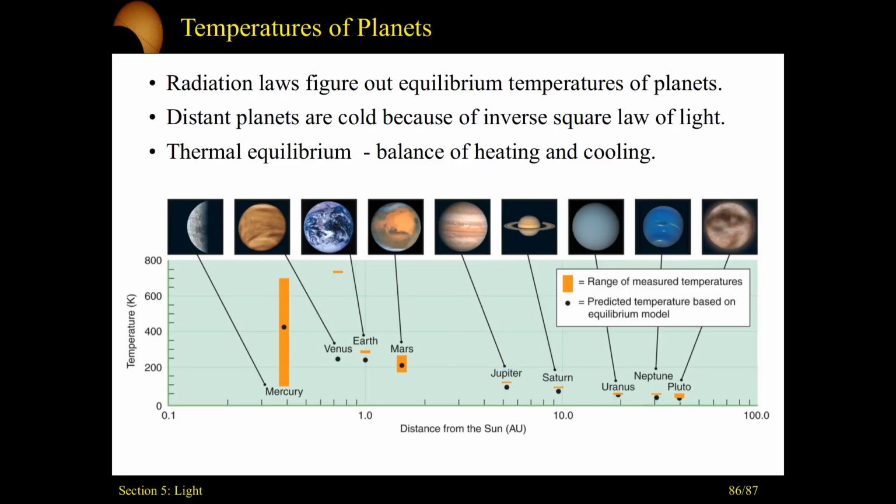Now, some comments worth making about this plot here. The black dots refer to what we would predict using these thermal equilibrium calculations. But the orange represents the measured temperatures on these planets. And our measured and our predicted are in pretty good agreement for the gas giants and Neptune and Pluto. Now you get to planets like Mercury and Venus. Mercury has a wide range of possible temperatures, and that's just due to its proximity to the sun.